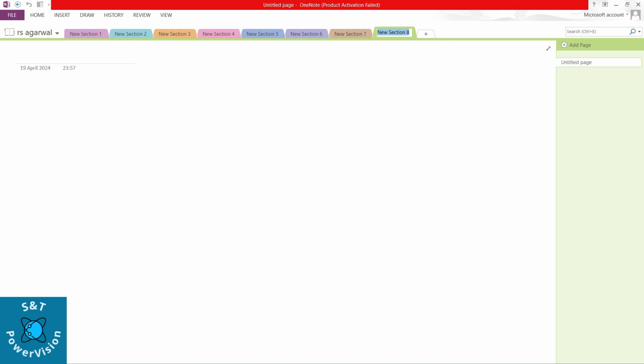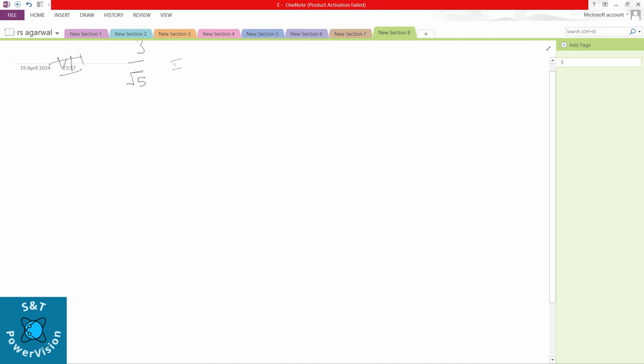Next is the seventh question. We have to show that 3 by root 5 is an irrational number. If we divide a rational number by an irrational number, or an irrational number by a rational number, the result will always be an irrational number.